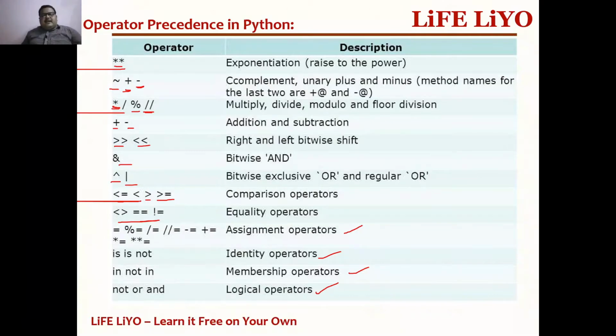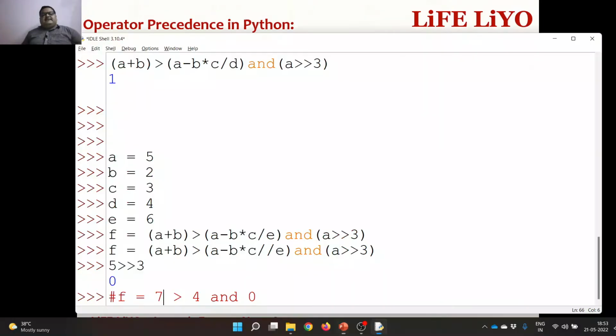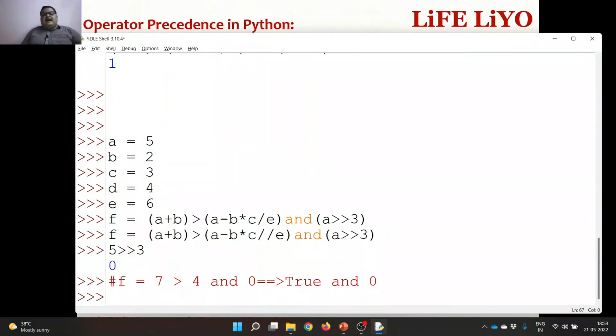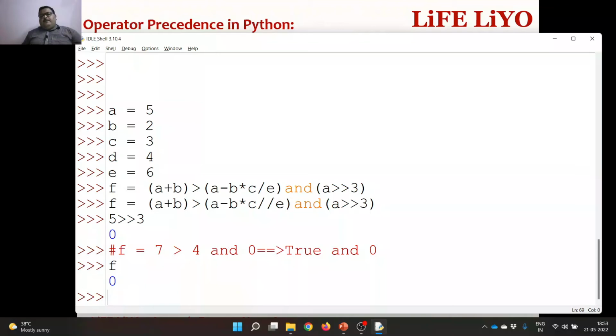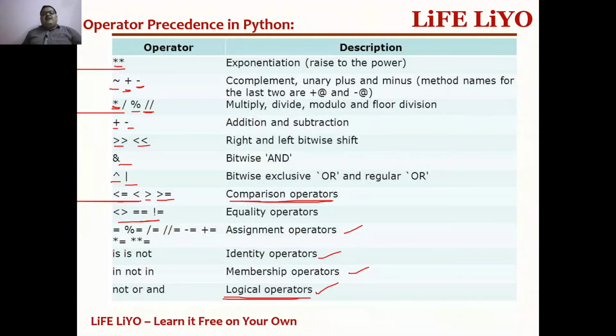If you observe, logical operators are having the least priority. That means the comparison operator should be evaluated first. So 7 greater than 4. True or false? It is true. Then and 0. True and 0. So what are we going to expect? The answer as 0. So true and 0 is nothing but 0. That is going to be stored in F. So this is the way we have to evaluate any expression in Python.